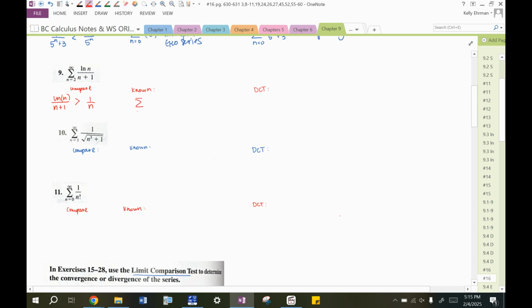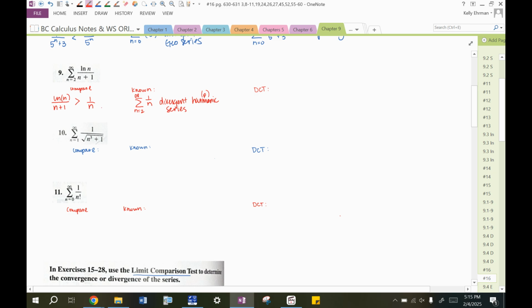And we know that the series from 2 to infinity of 1 over n, that's a harmonic series. Harmonic doesn't have to start at 1. So this is a divergent series. You can either say a divergent harmonic series, or you could also say a p-series. Harmonic is just a special p-series.